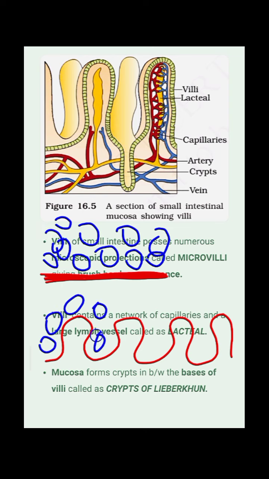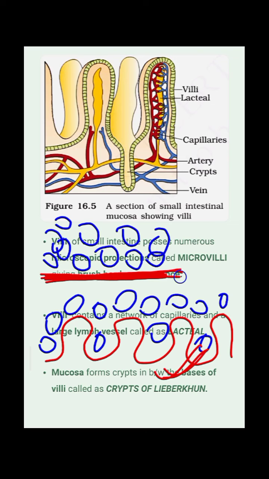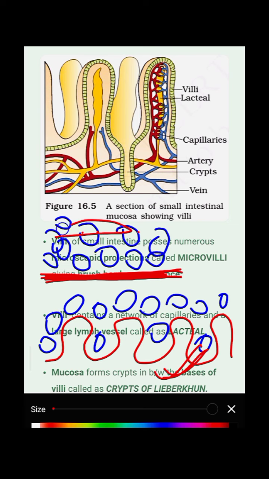Now say one thing: out of these two, which one has more surface area, meaning which one has the ability to absorb more nutrients at the same time? This one. Why we are saying this is, in this there is only a single place, and all the food particles which are above are not going to get absorbed until they come here.